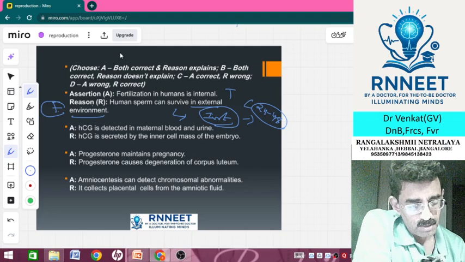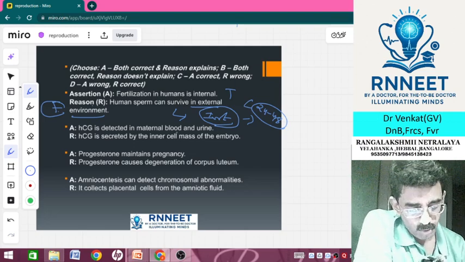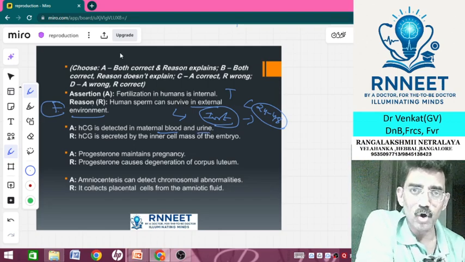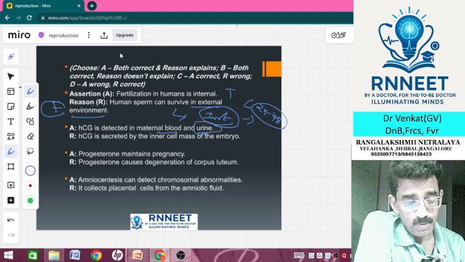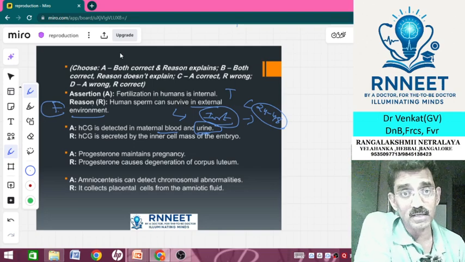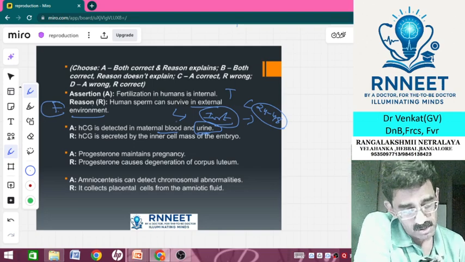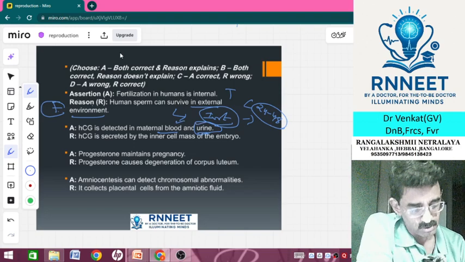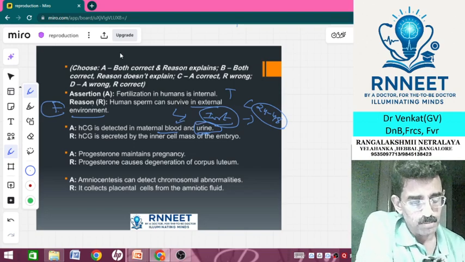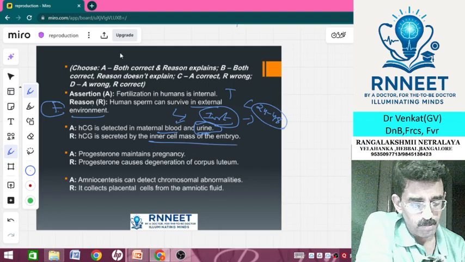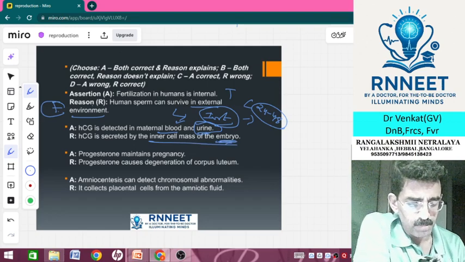HCG is detected in maternal blood and urine, both blood as well as urine, right or wrong? Put it in the comment box. We saw that HCG is detected in the urine and that's what gives you the pregnancy test. But is it detected in the maternal blood? Yes, it is also detected in the maternal blood. Reason: HCG is secreted by the inner cell mass of the embryo. Is it secreted by the embryo?